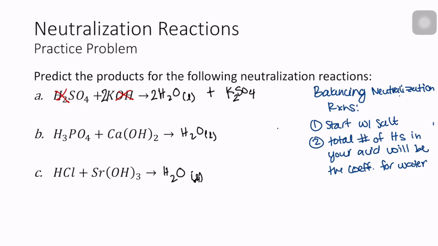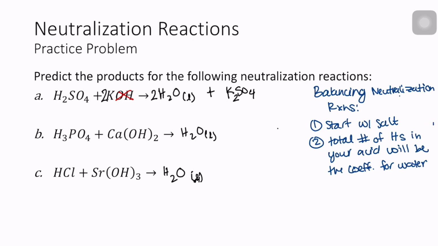So let's go through this together. Potassium is not balanced. I start with my salt. I put a 2 in front of my potassium hydroxide. I have one sulfate here, one sulfate here, so I don't need to balance it. It's already balanced. In my sulfuric acid, I have two hydrogens. So that's why we put a 2 in front of our water.